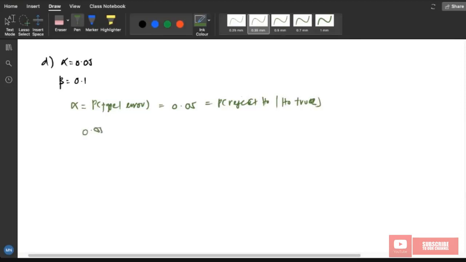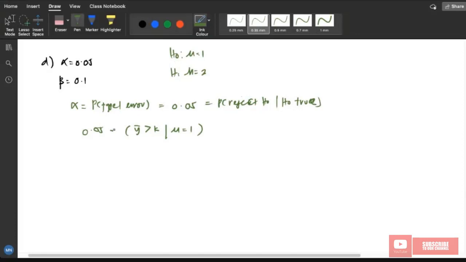So 0.05 here. So y bar more than k and mu equal to 1. So remember just now, null hypothesis, mu equal to 1. Alternative hypothesis, mu is equal to 2. Right, this is from the statement.